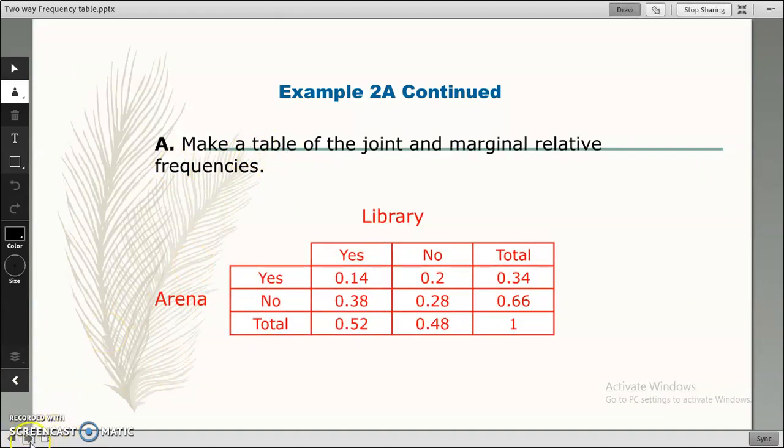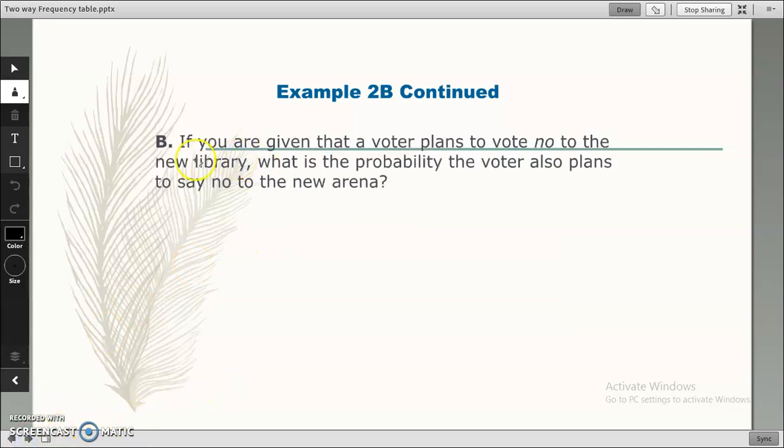Next it says, so here we have it. It says, if you are given that a voter plans to vote no to the new library, what is the probability the voter also plans to say no to the new arena? So this is the conditional probability that we were talking about.